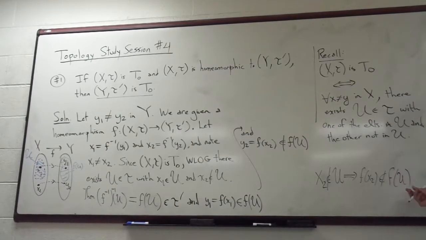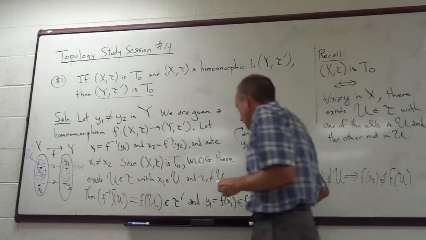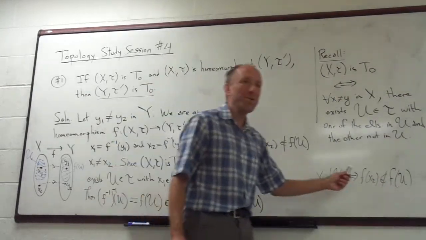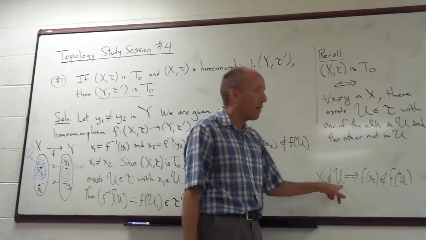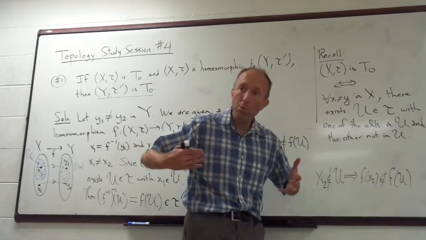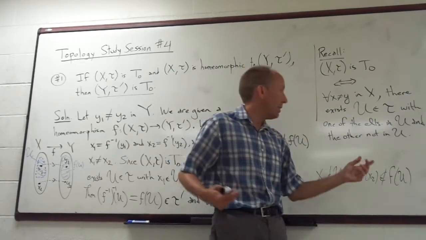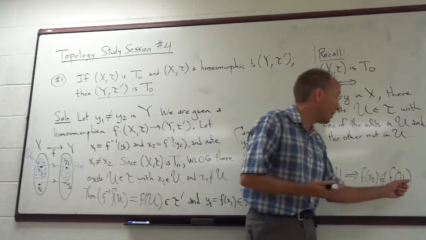Is this true, generally? This actually is not necessarily true. Just because x2 is outside of u doesn't mean that the function might not push it into a place where it was actually the image of some other element that was in u.